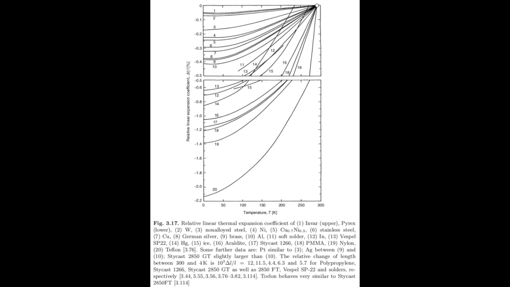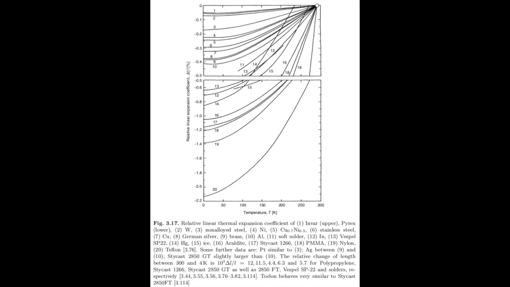So this is really a percentage here. So we've got a percent, and you can see that it's varying between almost negligible percentage, maybe 0.1% or 0.05% for some materials, all the way up to more than 2% for others. You can also see that almost all of these are negative, right? So as the temperature goes down, they contract.